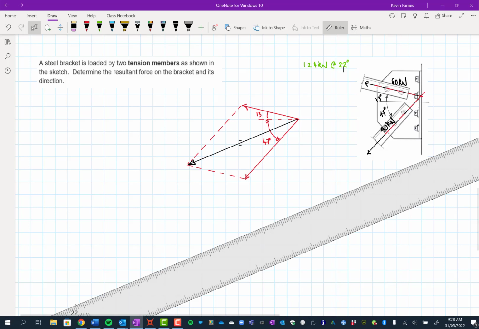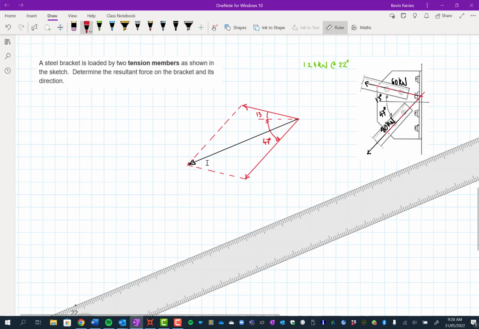The reason we can't use this directly is because this triangle here or this triangle here, neither of those have a right angle in them. So we can't use sine, cos, and tan, or SOHCAHTOA, and we can't use Pythagoras rule because we don't have a right angled triangle.